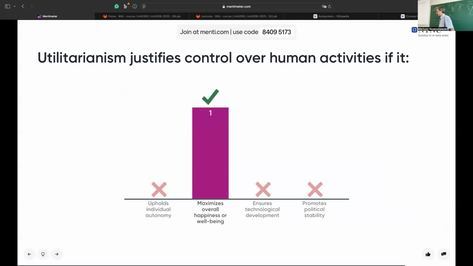So one example is, you make a choice which maximizes, let's say, the happiness or survival of people, right?